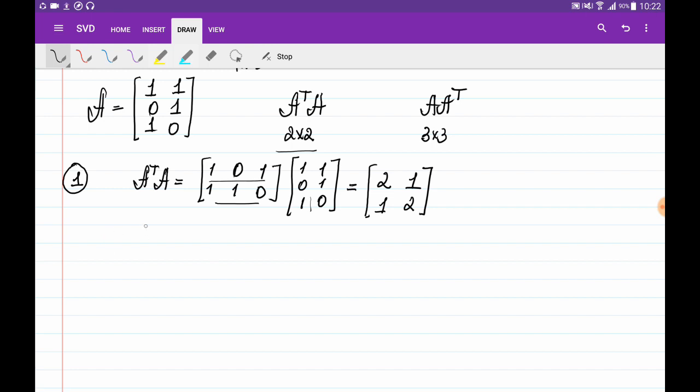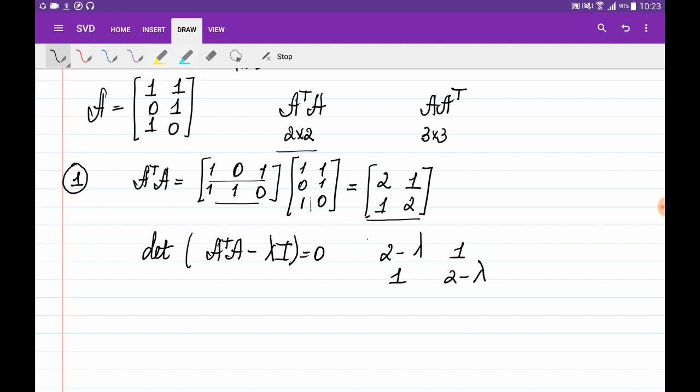So in order to find the eigenvalues, we need to solve the characteristic equation. The determinant of the matrix minus lambda I should be equal to 0. So basically we need to subtract lambda from the diagonal entries of this matrix, which will be 2 minus lambda, 1, 1, 2 minus lambda, and its determinant should be equal to 0.